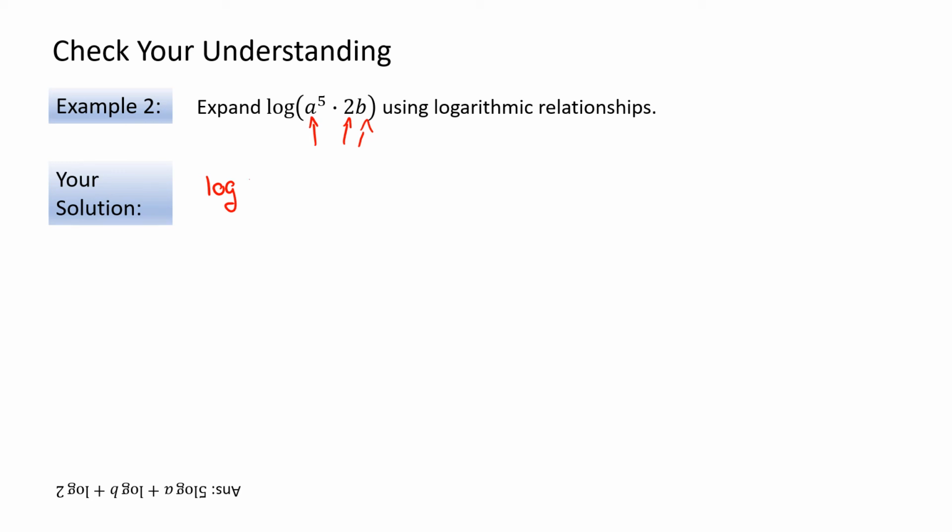So we have the log of a to the exponent 5 times 2b is equal to the log of the first term, a to the exponent 5, plus the log of the second term, which is 2, plus the log of the third term, which is b. Now, we're not quite done yet in this case. We have an exponent here, so we can simplify this further by moving that exponent outside of the log function.